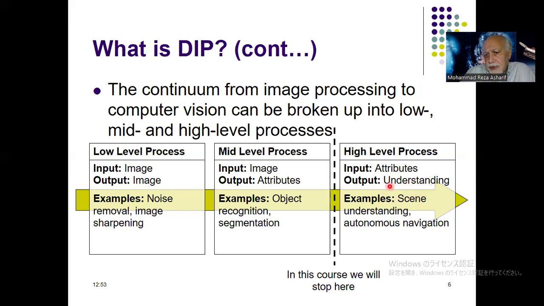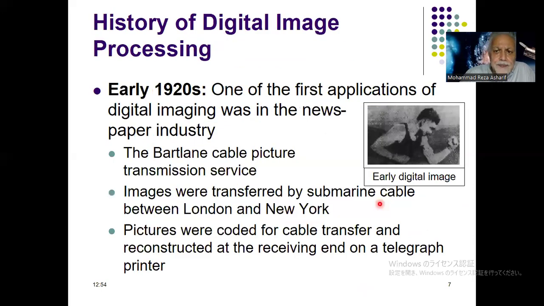Or more sophisticated examples, such as scene understanding, autonomous navigation, and so on. So it goes more toward artificial intelligence. We stop at the first two levels in this course, and this is for a higher course.